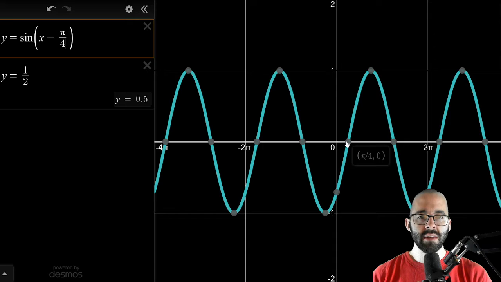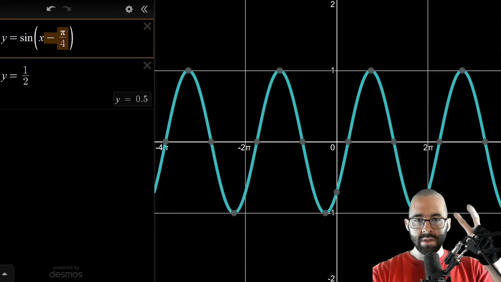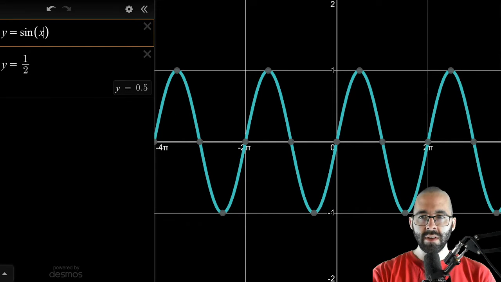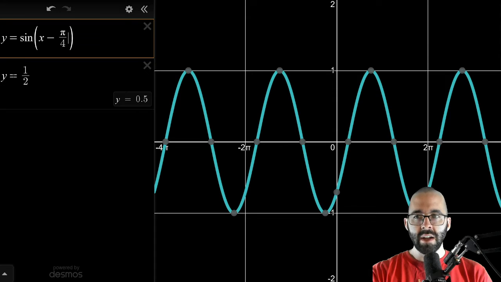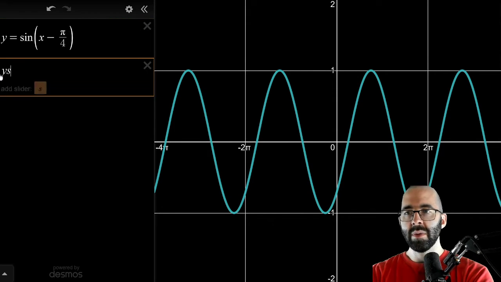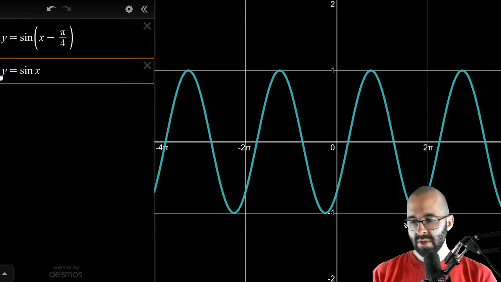Now, let's compare these graphs right here. Normally, sine starts at 0. But this moves it pi over 4 to the right. See how it used to be here and then it got moved pi over 4 to the right? That's exactly what's going on. You can see it a little bit more if we graph the original function right next to it.